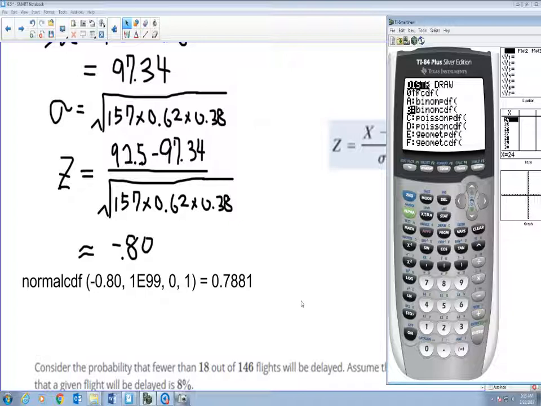So I'm not even going to count 92 as what I want. It's 93 flights and up. So binomial CDF, what do I type inside? Number of trials, 157, comma. Probability of success is going to be 0.62, comma. The number of successes, more than 92 means I will put 93.